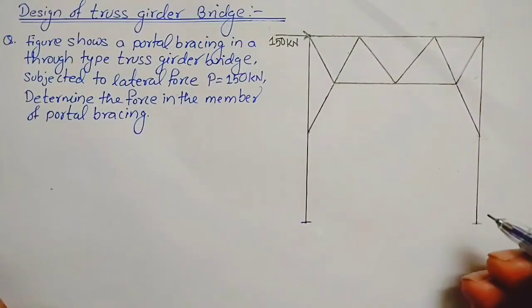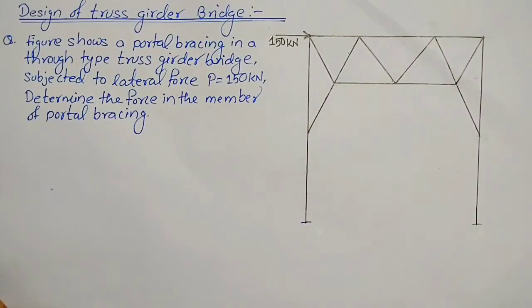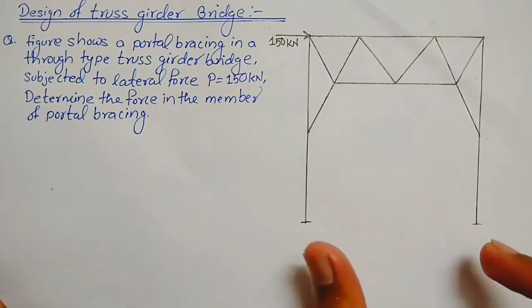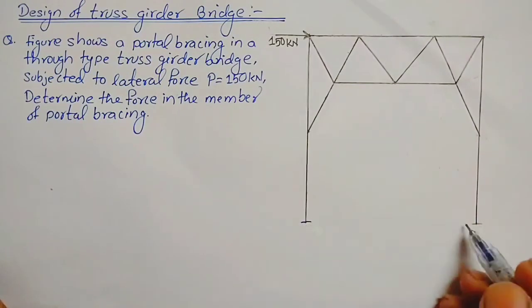So guys, let us begin the solution of this numerical with the nomenclature of the joints. First of all, let us name these supports.